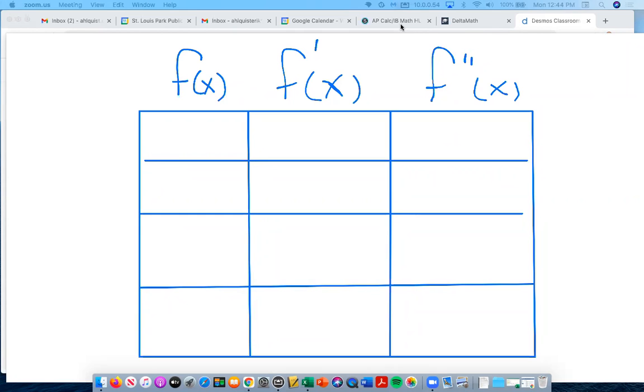So if F is increasing, think about a graph that's going up, and think about the first derivative, which would be the slopes of the tangent lines to a graph that's going up. All of those slopes would be positive. So the first derivative is going to be positive.